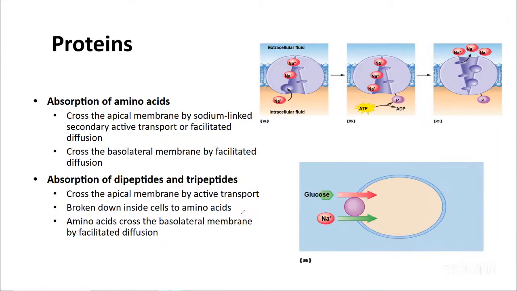So if we do that through this process of active transport using energy to pull things in, we would then continue to break down those dipeptides and tripeptides to amino acids within the cell. So once we absorb a dipeptide or a tripeptide into one of these intestinal cells, we'd have enzymes inside that cell that can break it down further before we send it to the blood in its monomer amino acid form.